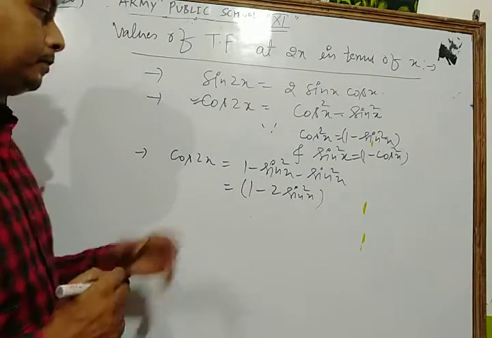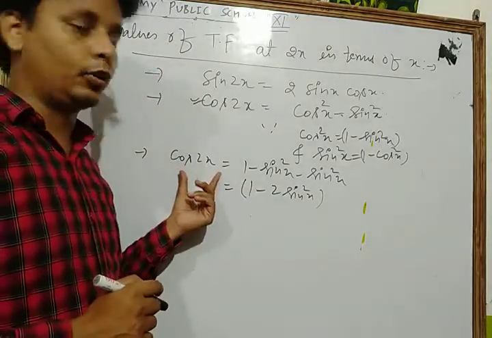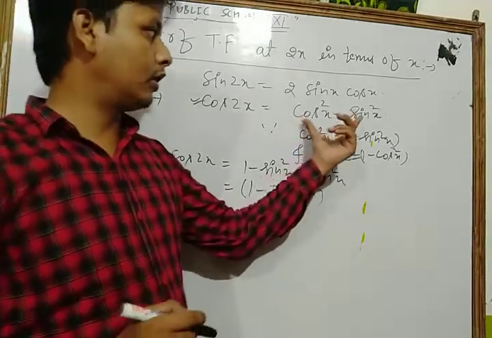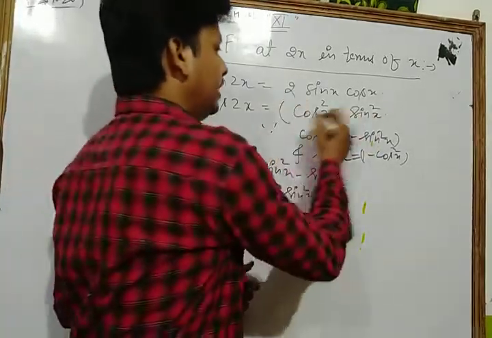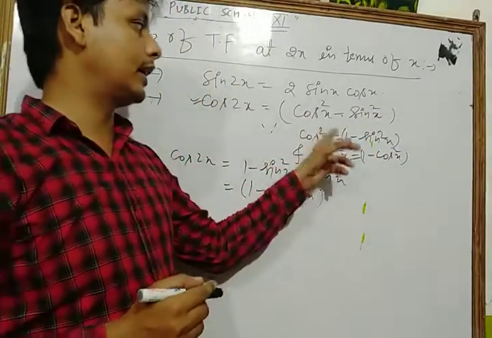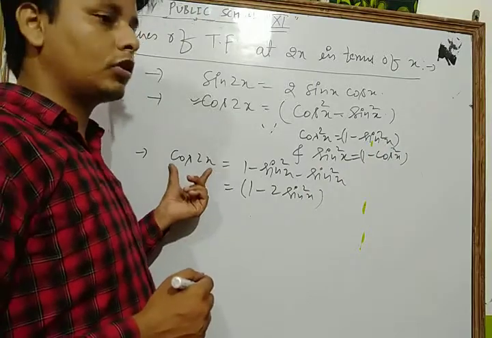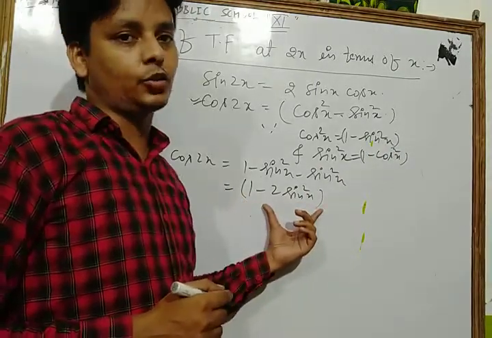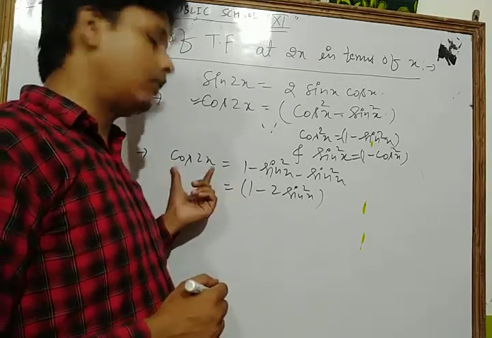This is also a formula of cos 2x. The main formula of cos 2x is cos square x minus sin square x, and when we replace cos square x as 1 minus sin square x, we get the formula for cos 2x as 1 minus 2 sin square x. This is another formula of cos 2x.